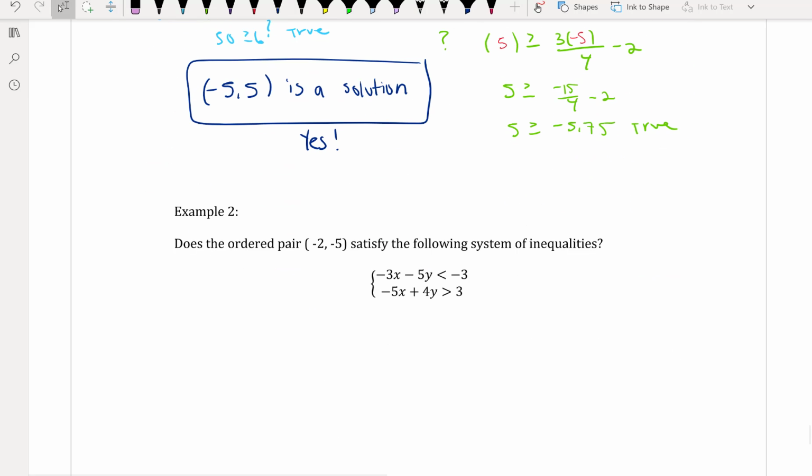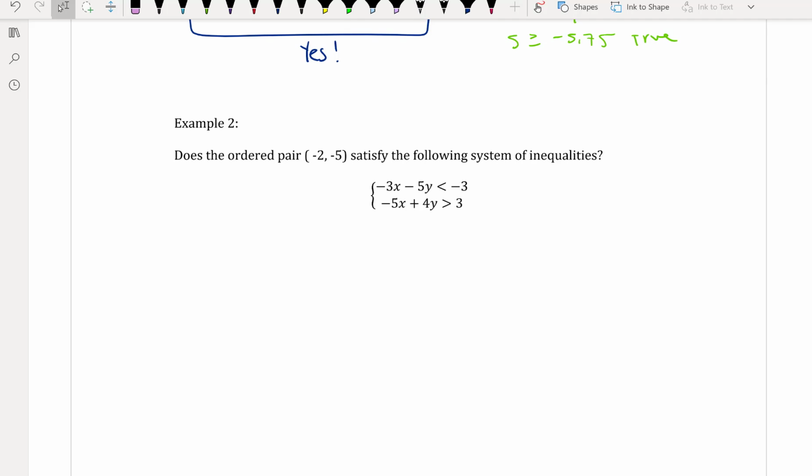Okay, so we're going to do the exact same thing for this system as well. We're just plugging in values. For that first one, I'm going to write it out. I have -3x minus 5y less than -3. And the ordered pair that I'm trying out is when x is equal to -2 and y is equal to -5.